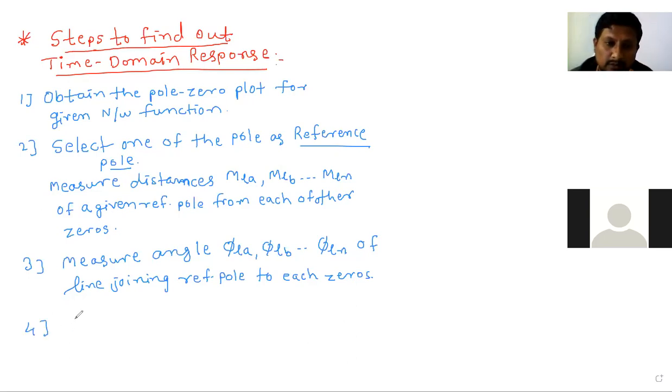Next, step number 4. आता हे झालं झिरोज विथ रिस्पेक्ट टू रेफरन्स पोल, and zeros we have taken.